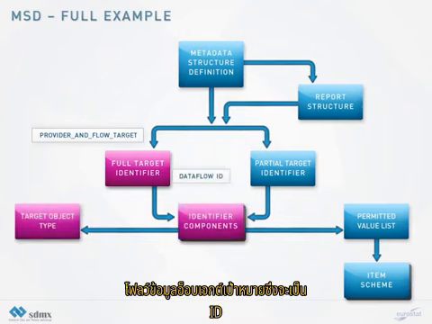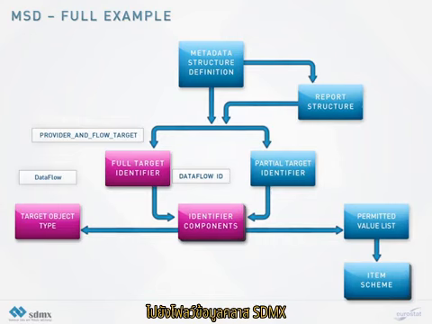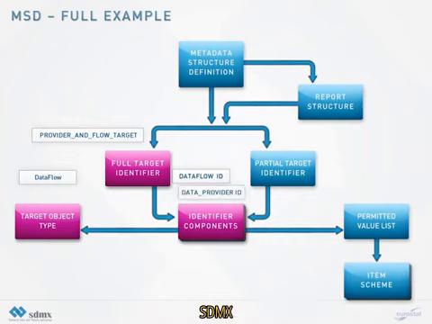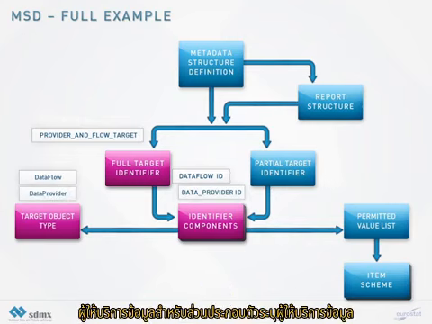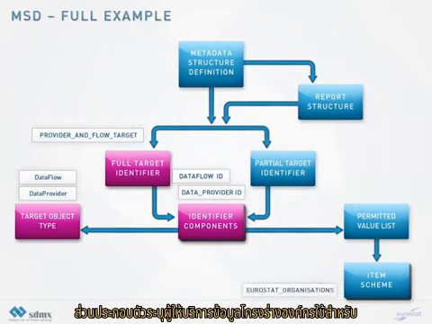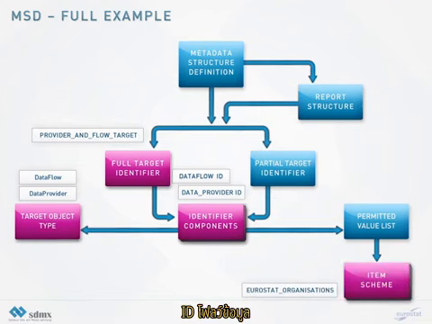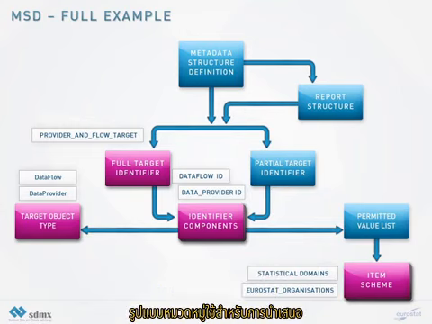Data flow ID, which will be associated to SDMX class data flow, and data provider ID, which will be associated to the SDMX class data provider. For the data provider identifier component, an organization scheme is used for the representation. For the data flow ID identifier component, a category scheme is used for representation.